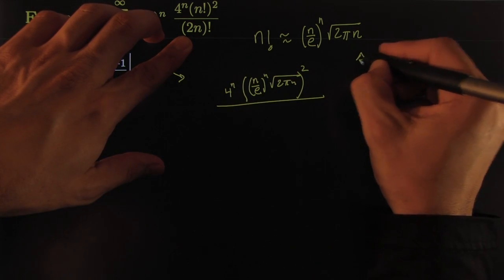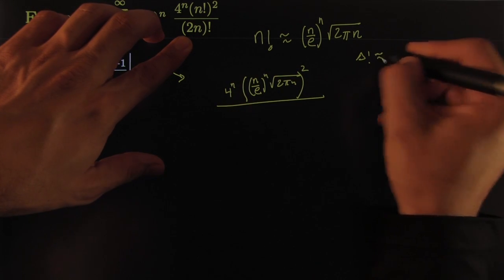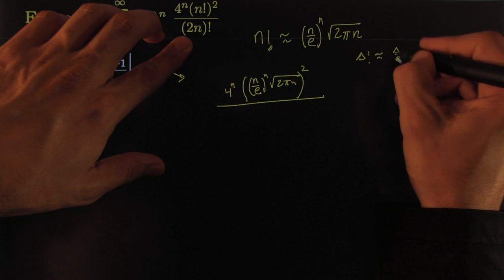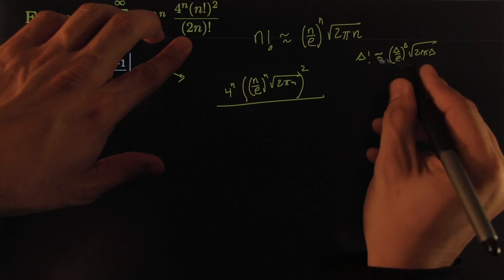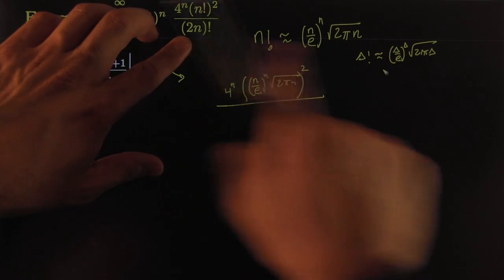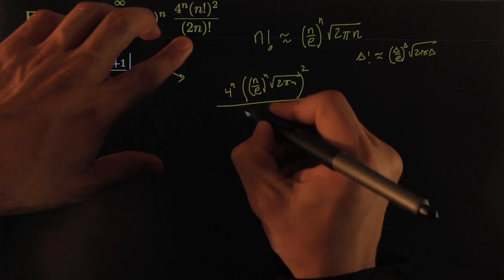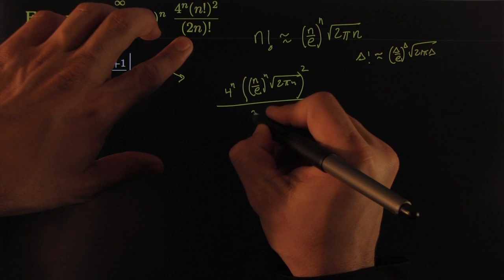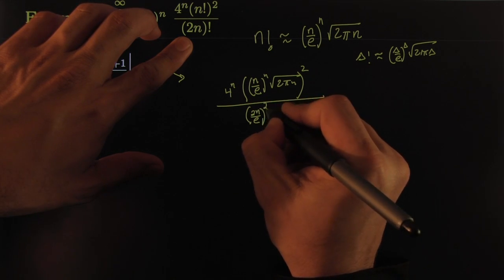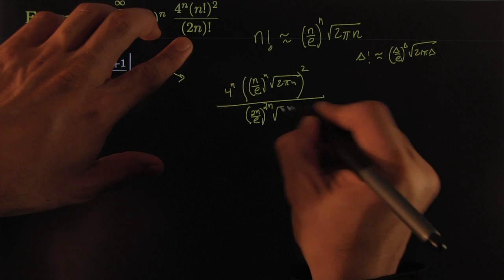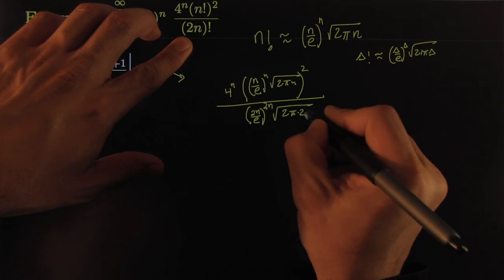It goes like this: blah factorial is approximately equal to (blah over e)^blah times the square root of 2 times pi times blah. So if all I gotta do is plug in 2n for my blah there, that would give me (2n over e)^(2n) times the square root of 2 pi times 2n.